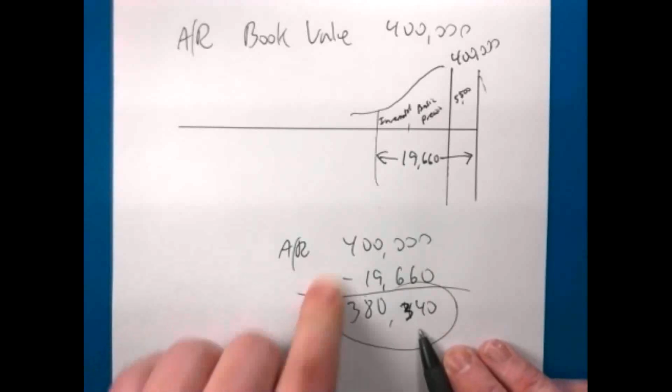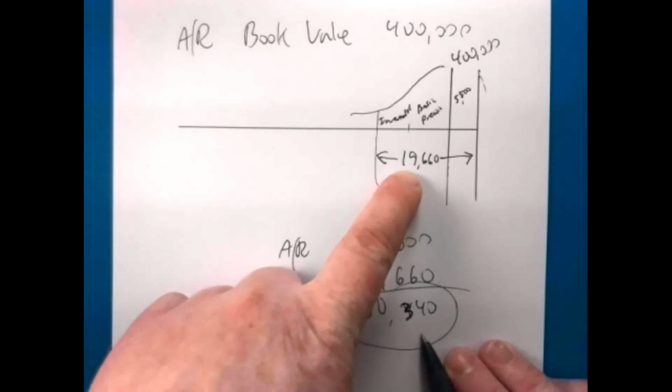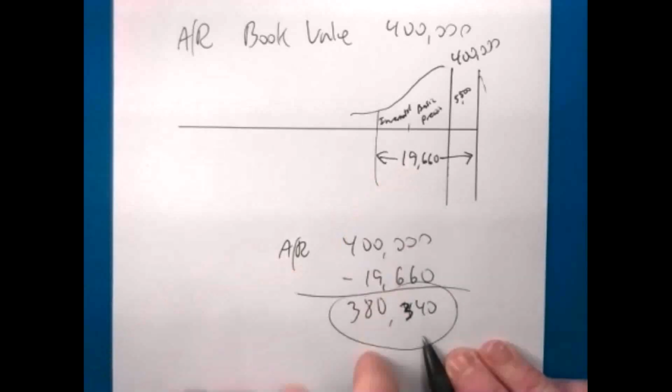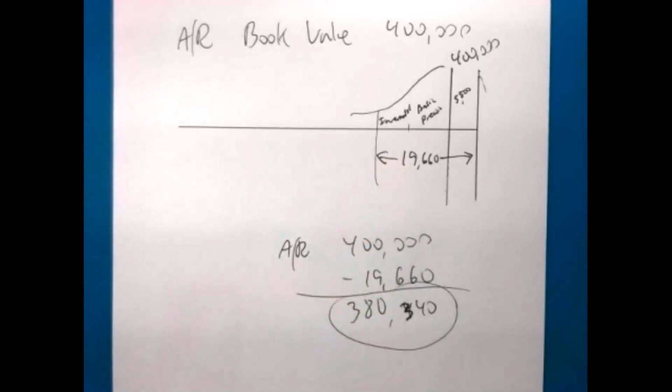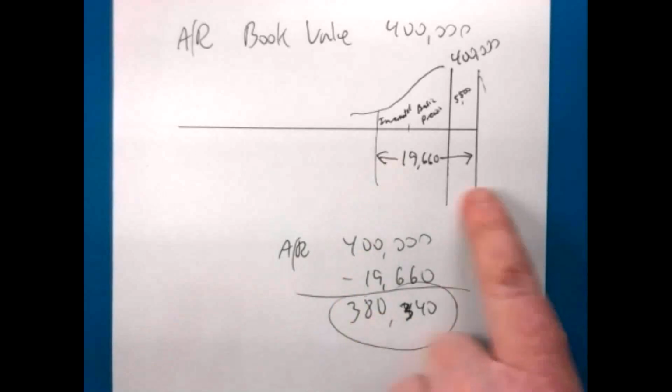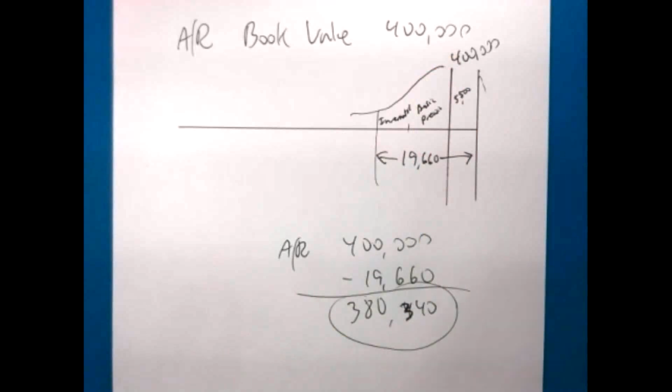So, would you accept it? Well, it depends if 19,660 is your tolerable misstatement. If that's okay, then you say, yeah, you accept it. If it's not okay, then you won't. So this is kind of what it's telling you, that our best estimate is right here. This is what we think it is.